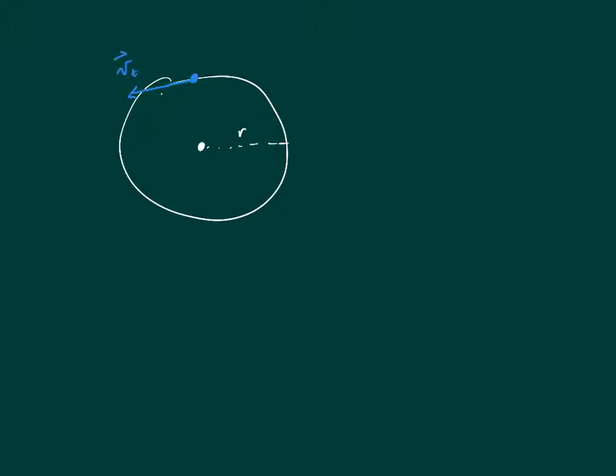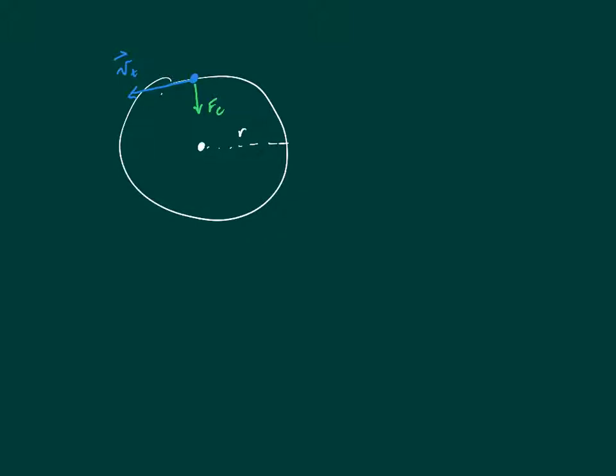And then obviously I have my centripetal force keeping it on that circular path, pulling that object towards the center and around in that circular path. When we think about acceleration, we think that acceleration is the change in velocity over time. Well, we don't know anything about time in this scenario.